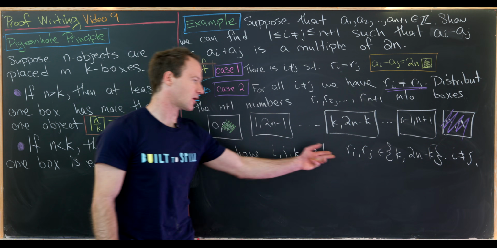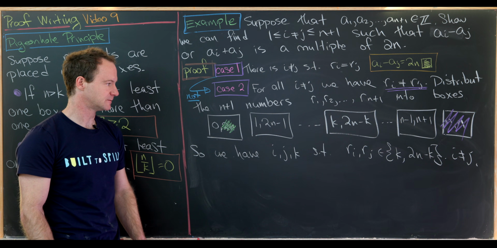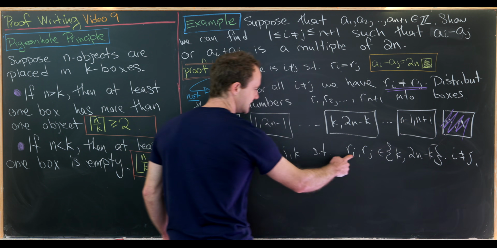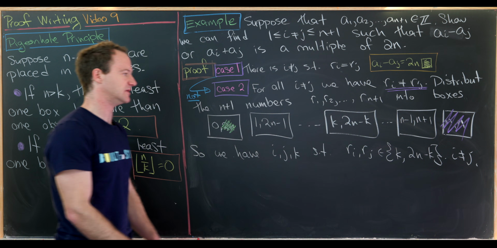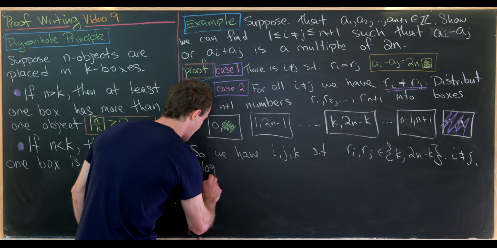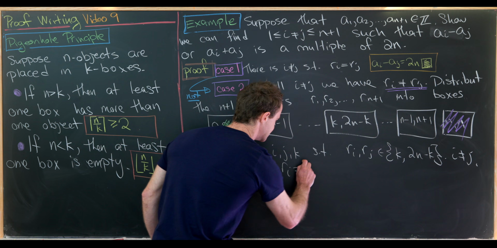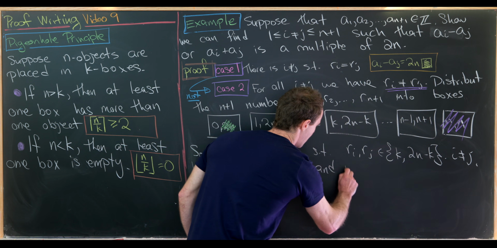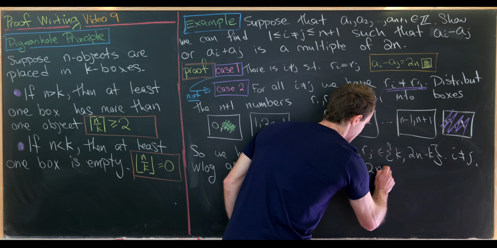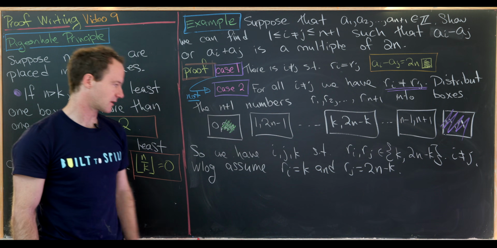Okay, so that would be like r_i and r_j coming from the same box. Okay, but now one of these is going to be k and one of these is going to be 2n minus k. So maybe let's just, without loss of generality, assume that r_i is equal to k and r_j is equal to 2n minus k. Again, they cannot be the same by our assumption right here.